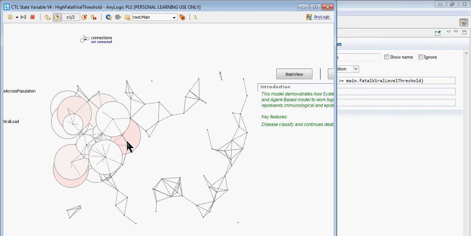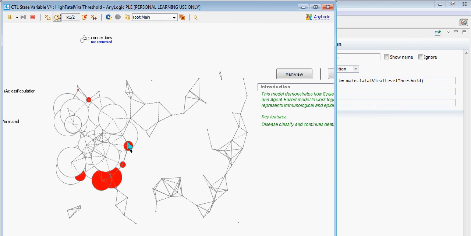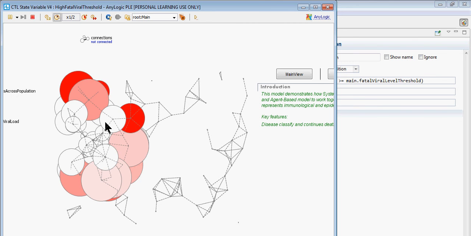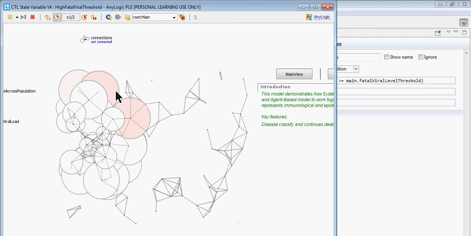This is a transition which is associated with a condition, and this is the condition here. What this is saying is, if my viral level, the value of that stock, exceeds a fatal viral level threshold, then I will die.